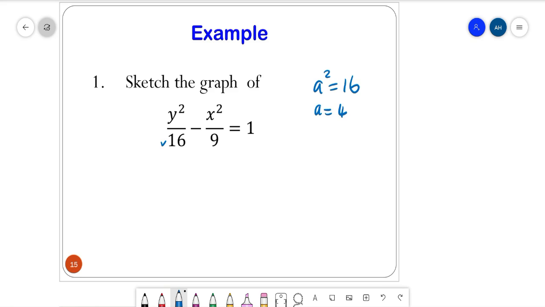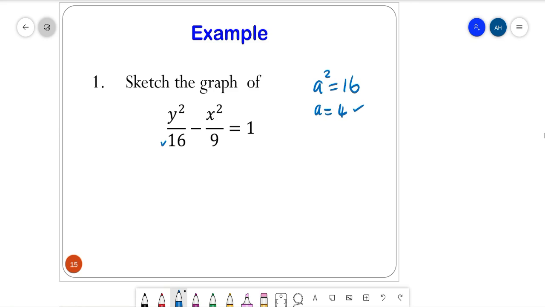In fact, actually, we have a equal to positive and negative 4. Okay, we have to reject negative 4. Why is that? Yeah, because a is a distance, right? Distance between the center and the vertex. And the distance cannot be negative. Okay, that's why we reject the negative value. So we accept only a equal to positive 4. Alright, so we have a equal to 4.